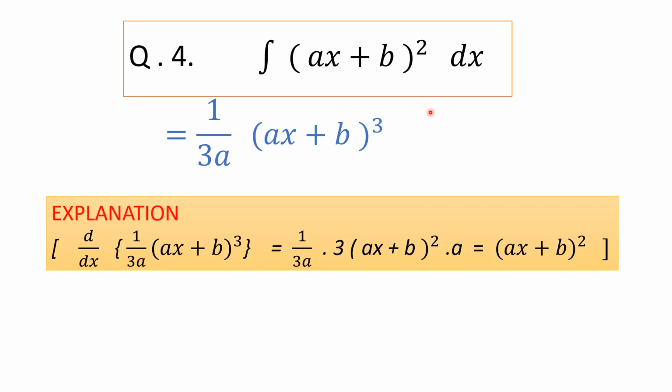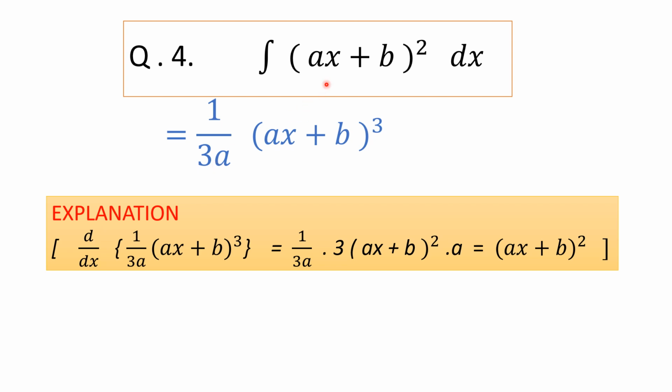Now question number 4. Integration of ax plus b whole power 2 dx. What you will do is, for ax plus b whole power, the power gets added by 1. So it will be 3 and this power will be shown in the denominator as well. So this is 2 plus 1 as power, and here in the denominator also you will write 2 plus 1, which is 3.